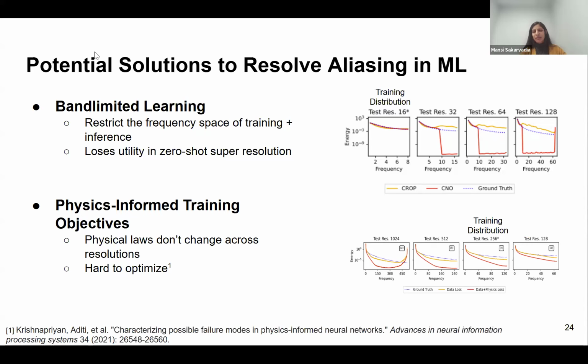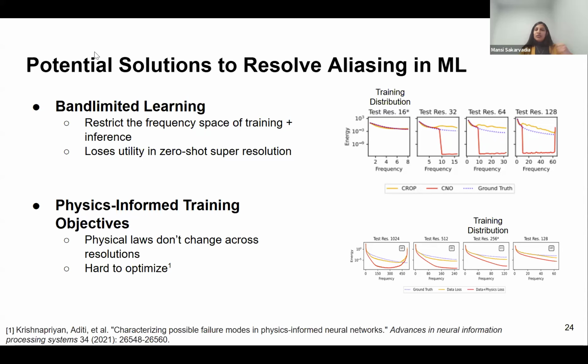And so what that meant in our experiment is that despite a heavily tuned data and physics loss objective, our neural network ended up predicting less energy than there actually was in the system consistently across frequency bands compared to just a pure data loss.